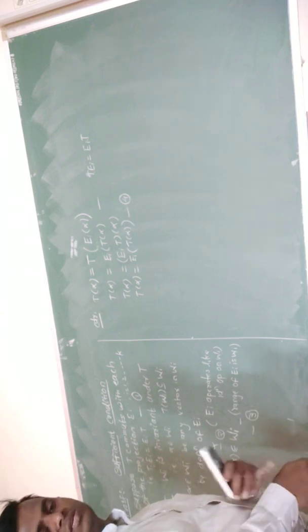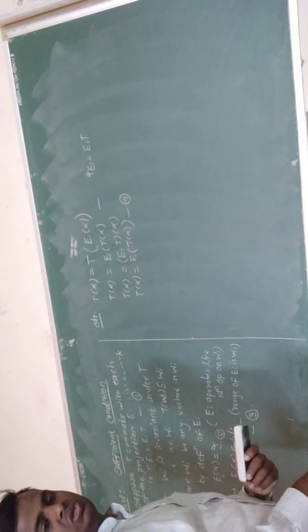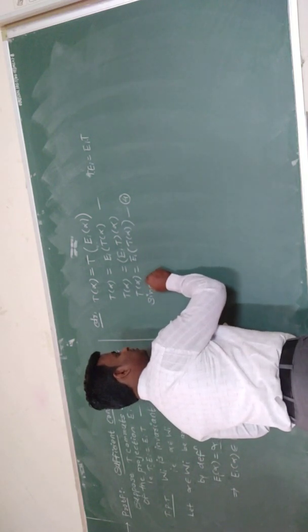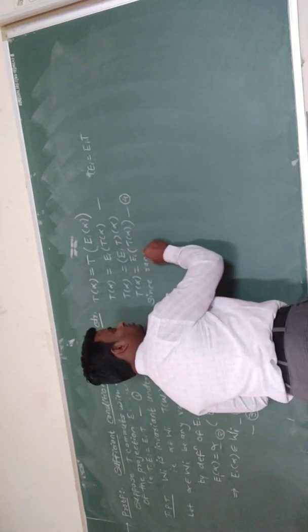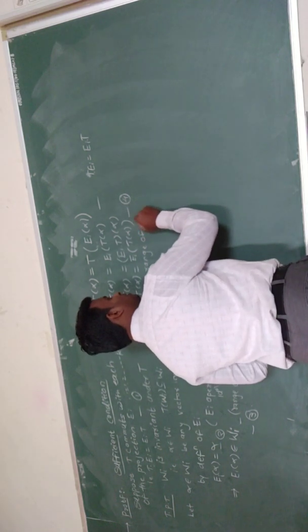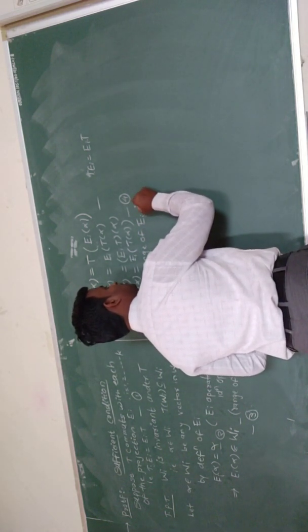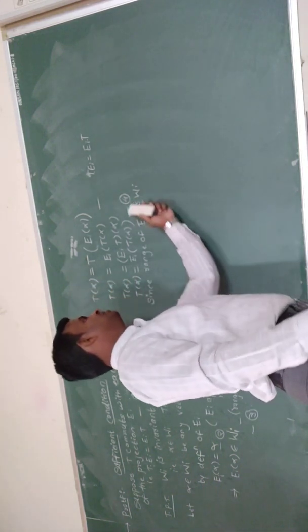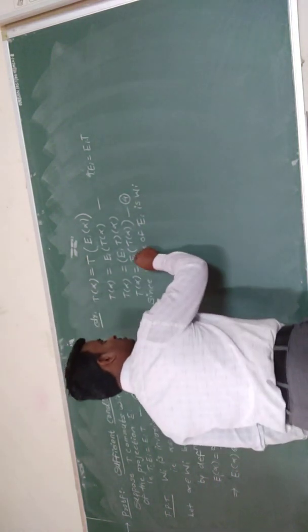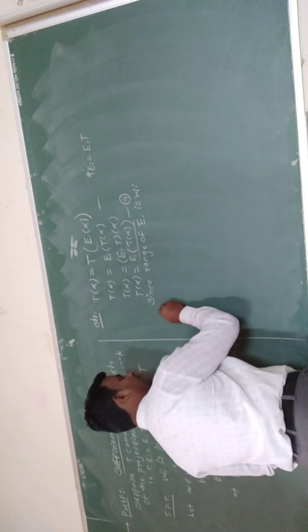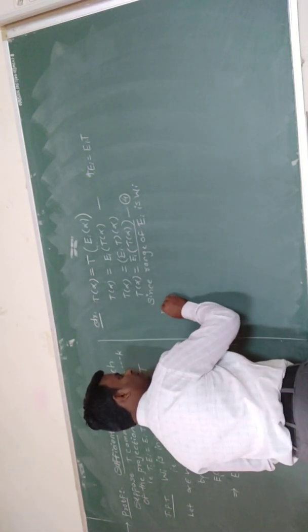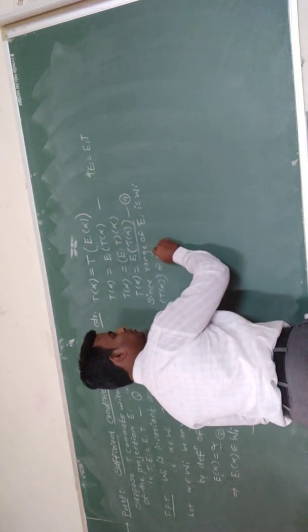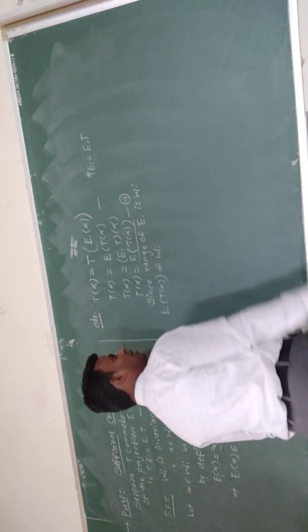Since the range of E_i is W_i, in the given condition the range of E_i is W_i, this E_i of T of alpha belongs to W_i.